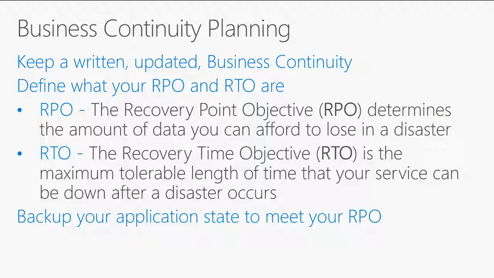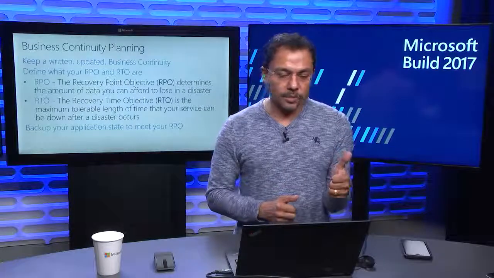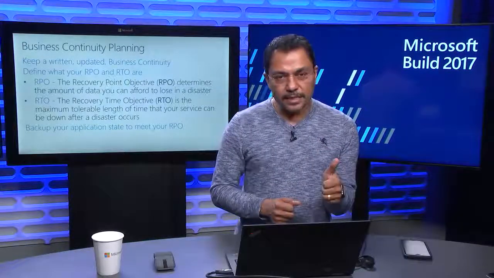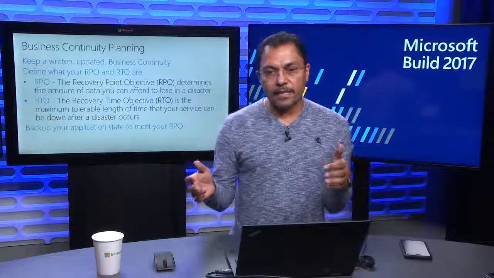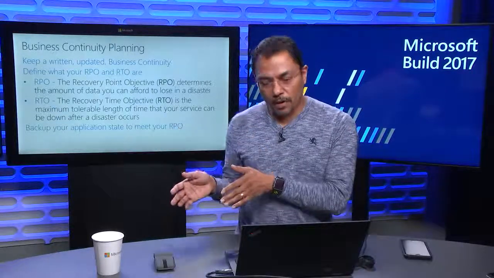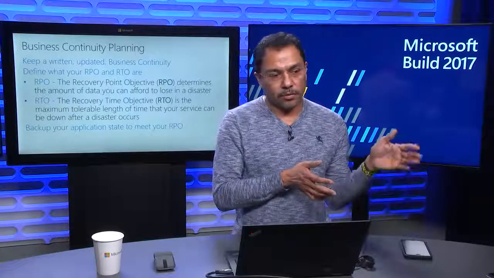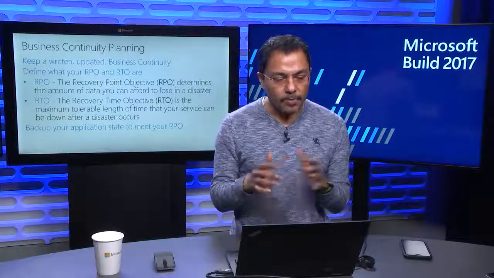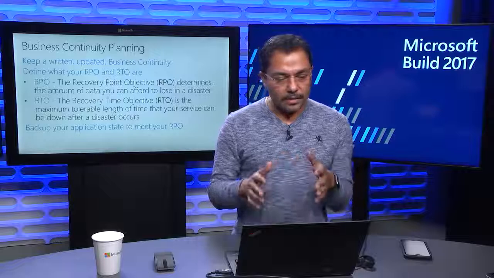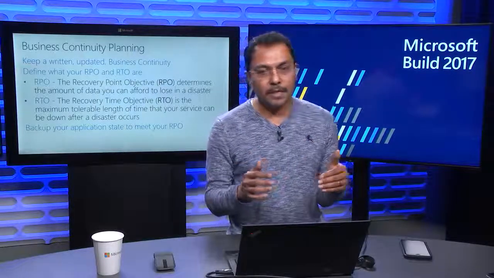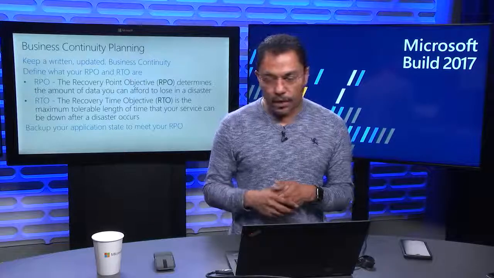Then there are 2 words which are very vital. These are the 2 things which you absolutely have to define. One is the recovery point objective. This basically means if you are running a stateful service, whether you're using our programming model or not, or you're keeping your state elsewhere, you absolutely have to know when a disaster strikes, how much data can you lose? That is defined as RPO.